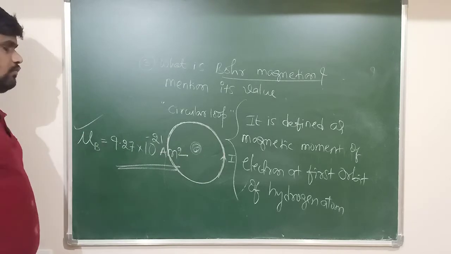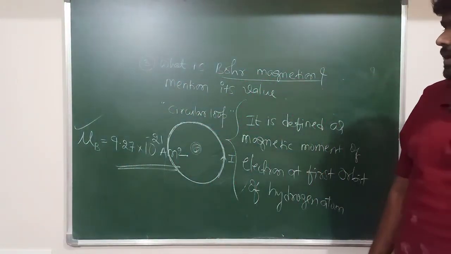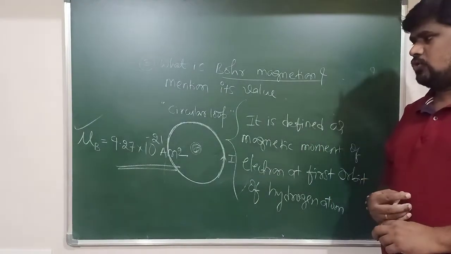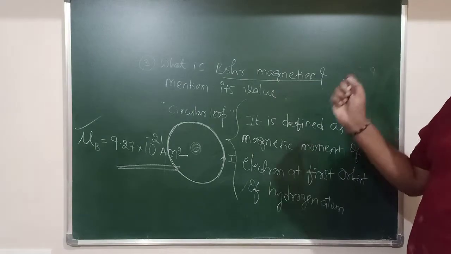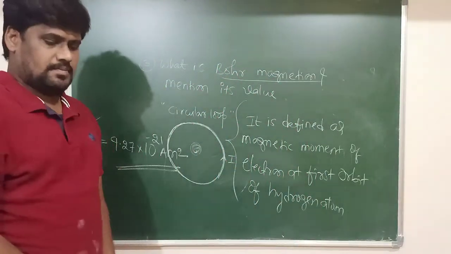It is the value of the Bohr magneton. The value of Bohr magneton is given by 9.27 × 10^-21 ampere square meter.